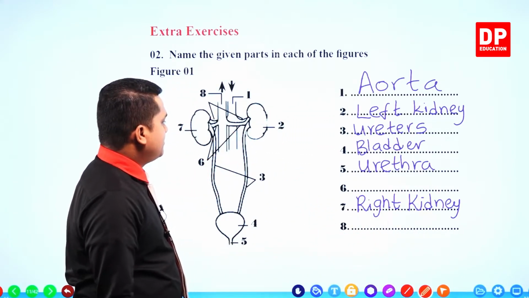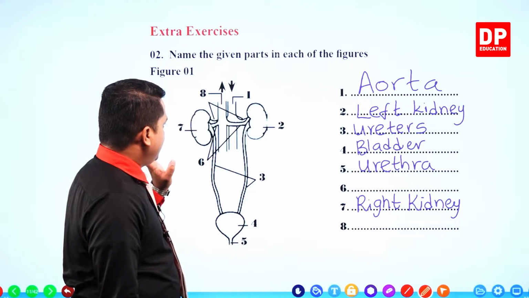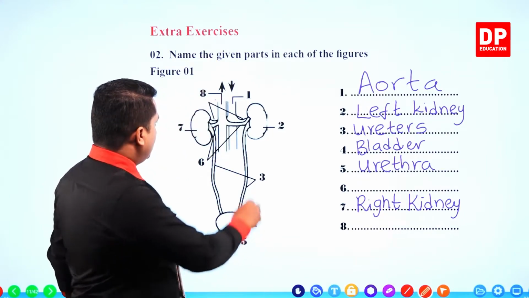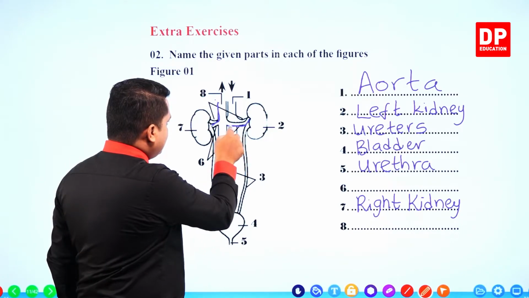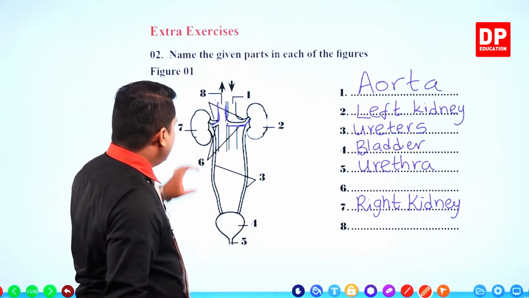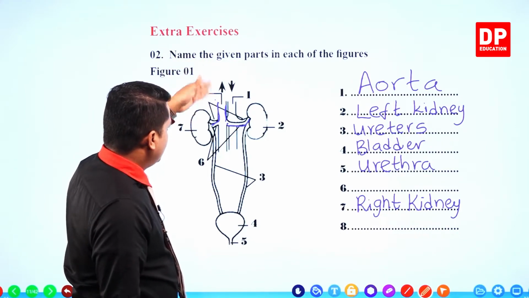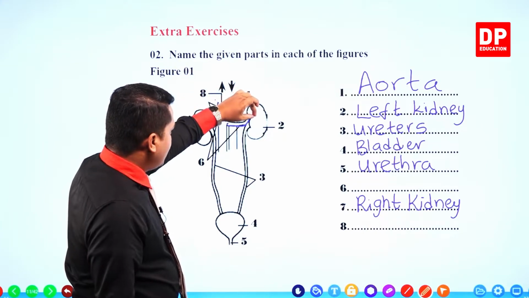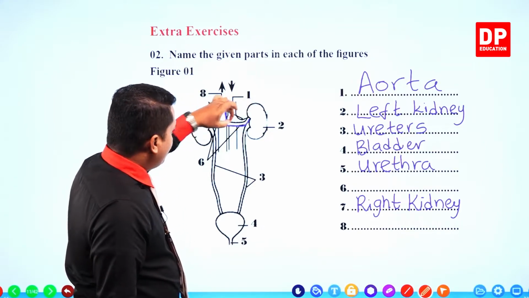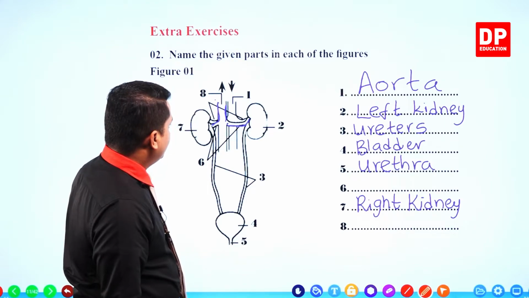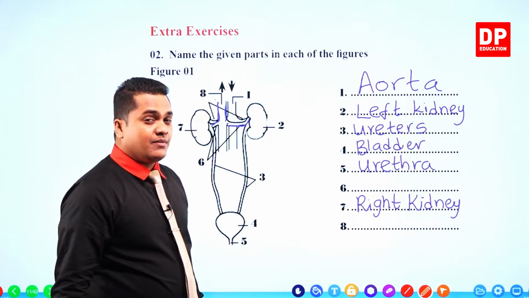Then the final one, number 6. Number 6 is connected with number 8. Number 8 is going upward, which means that blood is coming out from the kidneys.